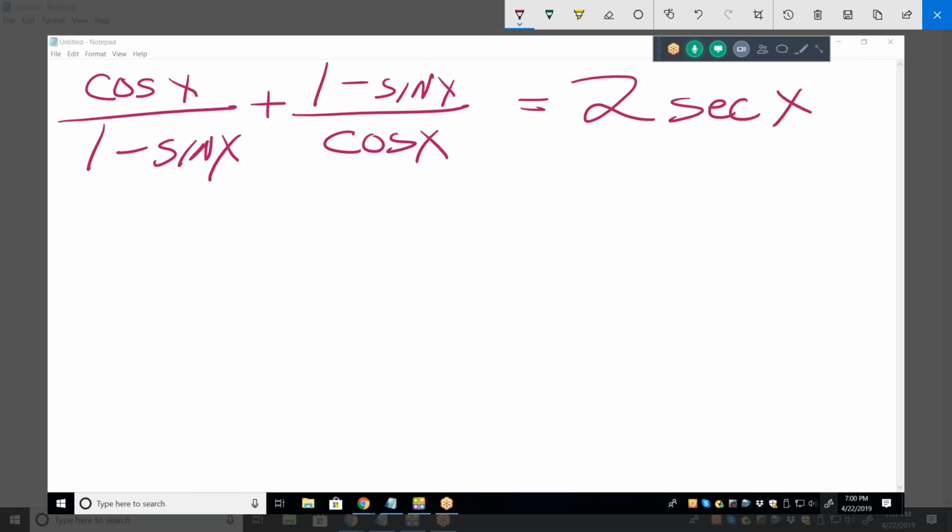Now, rather than doing what I suggested you do every time you run into a 1 minus sine or 1 minus cosine, let's just add these two fractions together. Okay. What's my common denominator? 1 minus sine x, parentheses, cosine x.